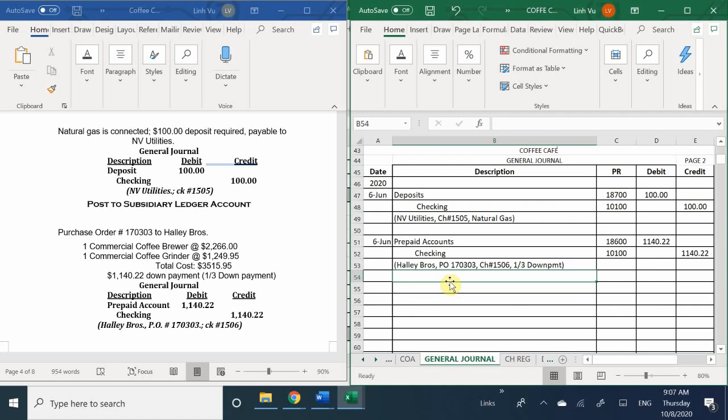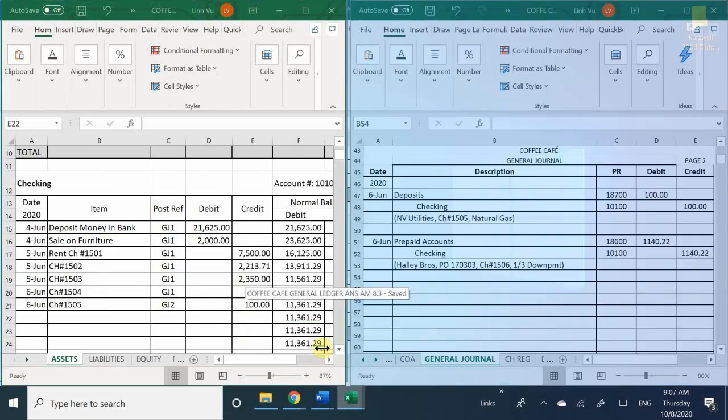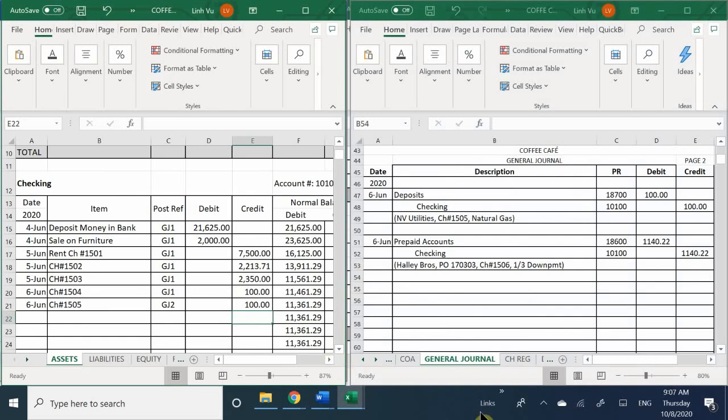Now we go to our subsidiary, our general ledger, because we have to update each account that we've written out. In this case, we are sticking within our assets.